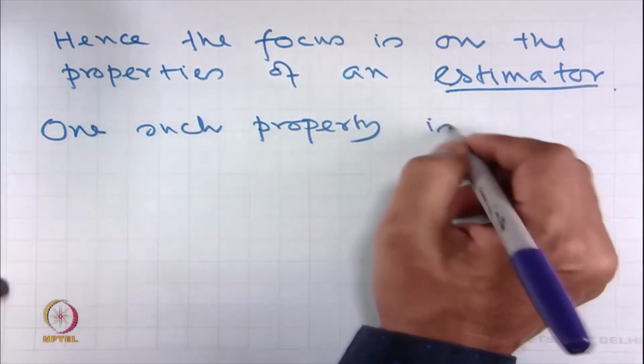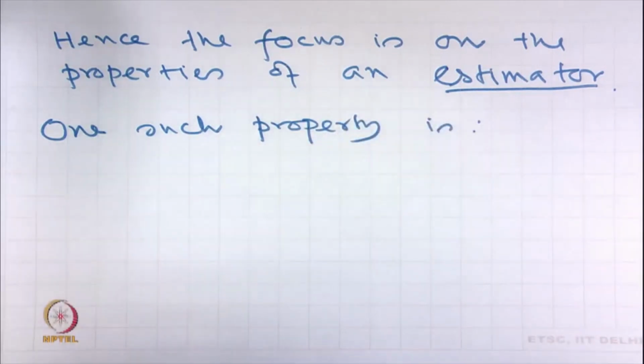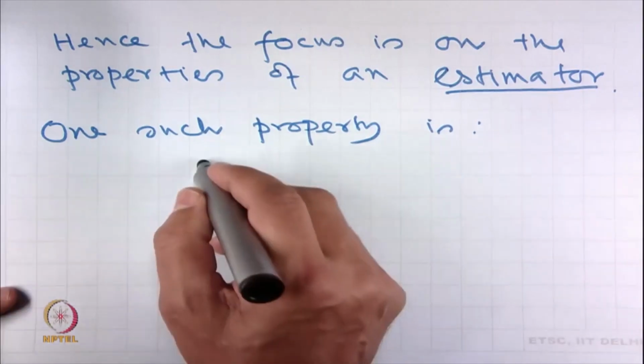One such property, you have already seen, is unbiasedness.